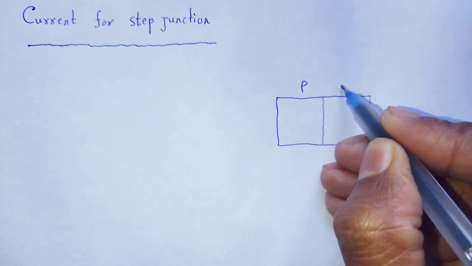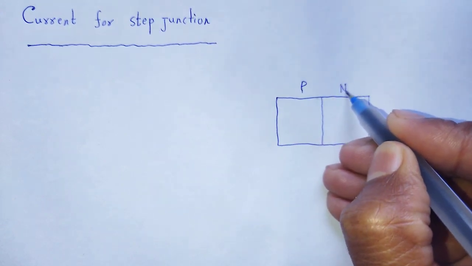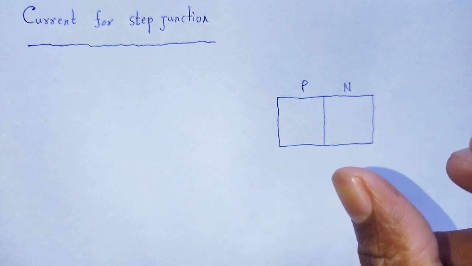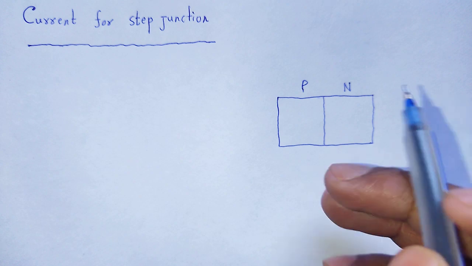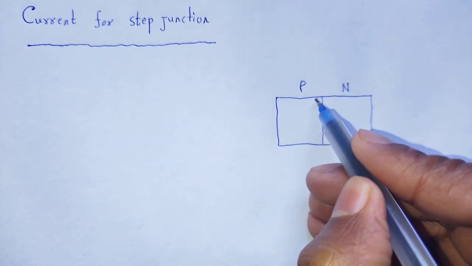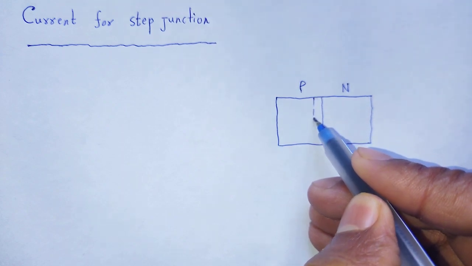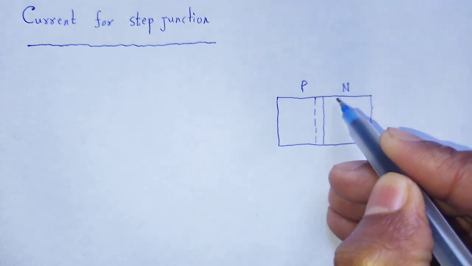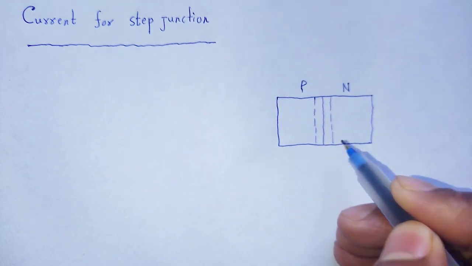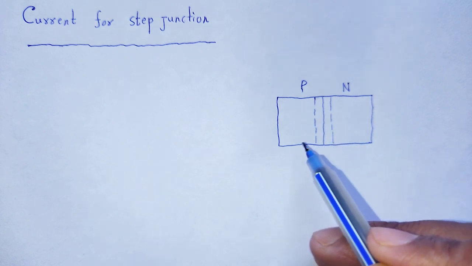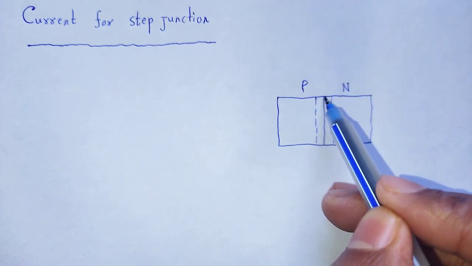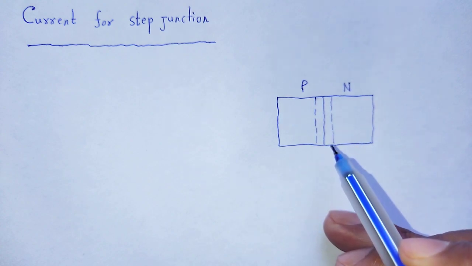Here is a P type semiconductor and an N type semiconductor, and it is a step graded PN junction, meaning the doping used in the P type or N type towards the junction is constant.